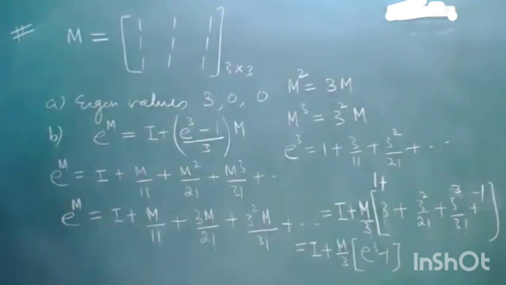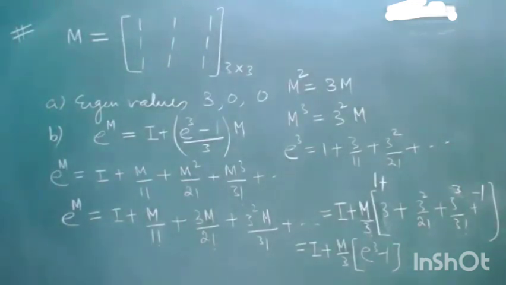So this is a very nice question, just to make you understand. Here, instead of using spectral decomposition, I have used the formulas of sine and exponential that I have told you.